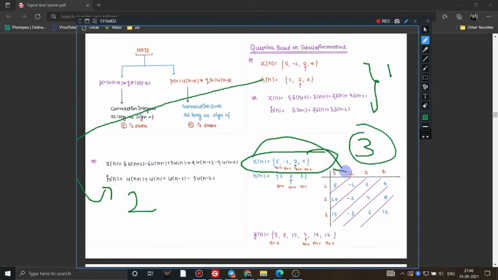Write xn elements here and hn elements here, and divide it like this. Now, this is the first term. Now take the sum of this diagonal and write it here. Take the sum of this diagonal, so 8 minus 3. Take the sum, so 8 plus 6, 14, and this is 12. So this is the resultant answer that we required.